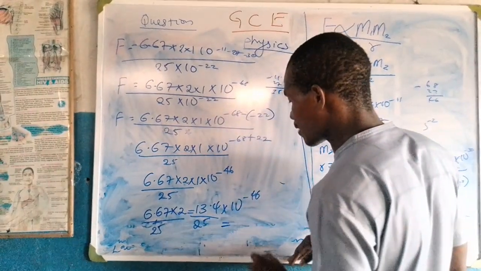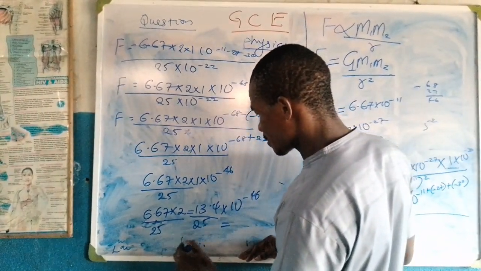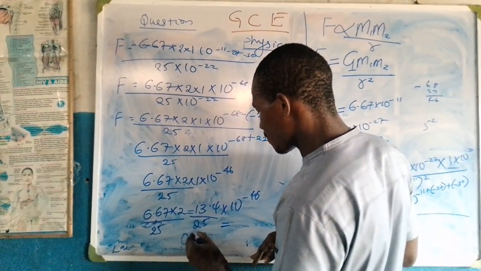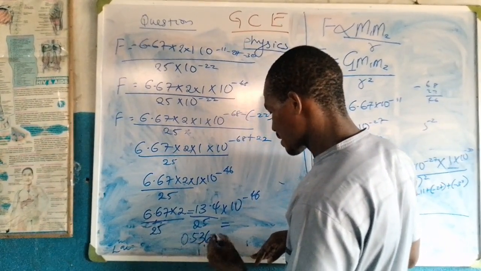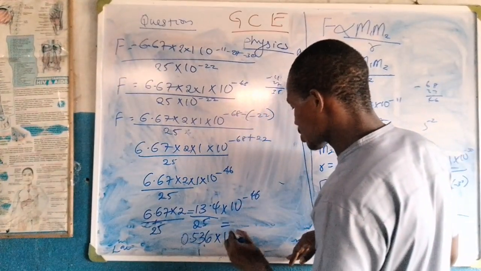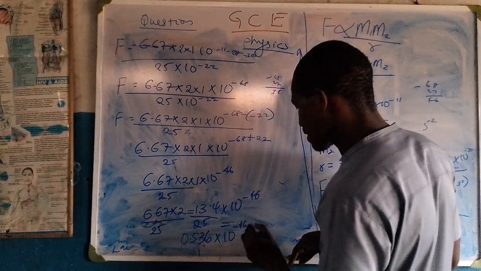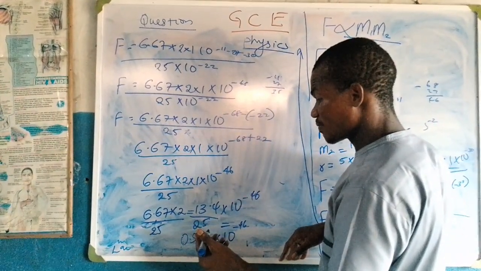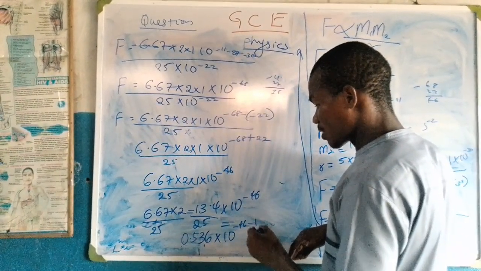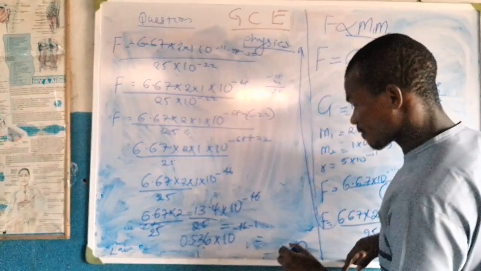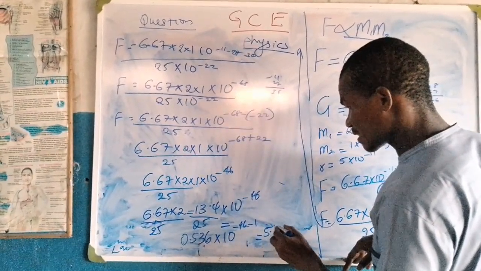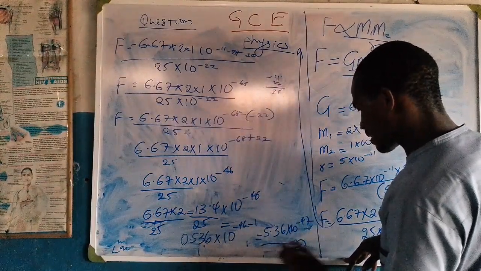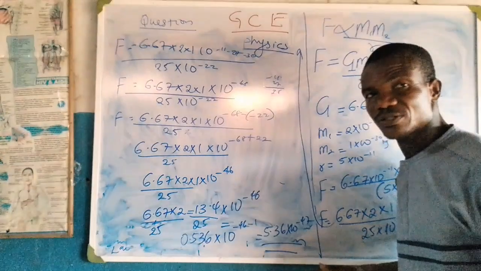On top of it, I'm going to have 0.536 times 10 raised to the power minus 46. Now, because of moving the decimal one place, I'll subtract 1 from the power, so I'm going to have 5.36 times 10 raised to the power minus 47. That is the final answer. God bless you.